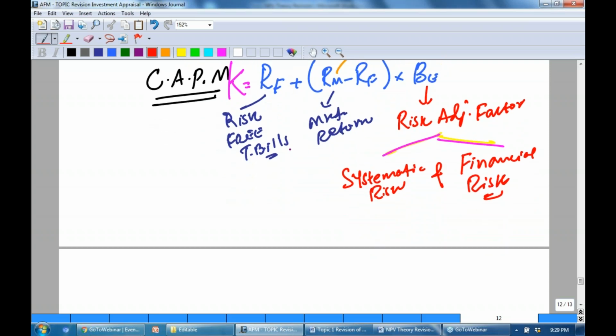Systematic risk and the financial risk. Never mention that beta equity includes systematic and unsystematic. Always say systematic risk and the financial risk. That's a key point to consider.